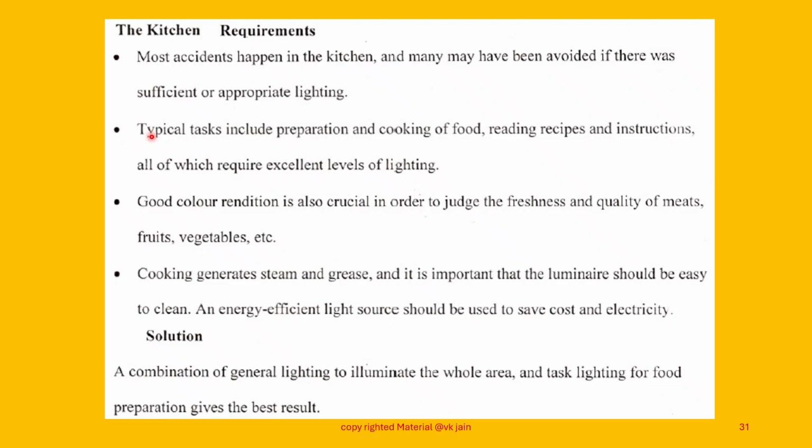Typical tasks include preparation and cooking of food, reading recipes and instructions, all of which require an excellent level of lighting. Good color rendition is also crucial in order to judge the freshness and quality of fruits and vegetables.